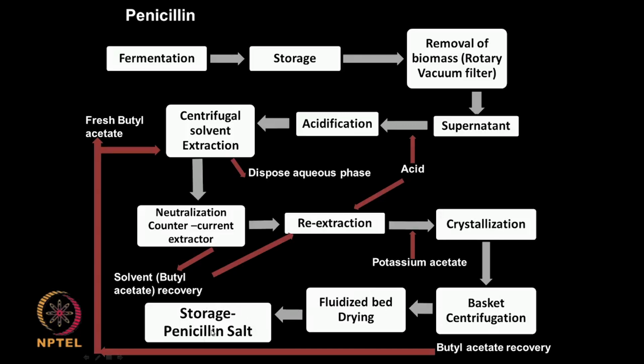So, here as you can see, the product is a solid. So, obviously we need to go into centrifuge, and then we are collecting after drying, and then finally as a salt here. So, here the downstream contains quite a lot of filters, and then it also contains dryers as well.